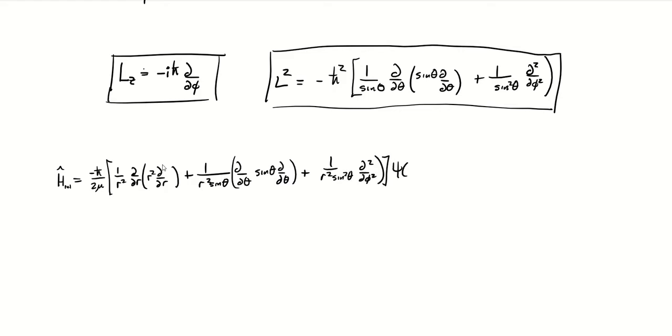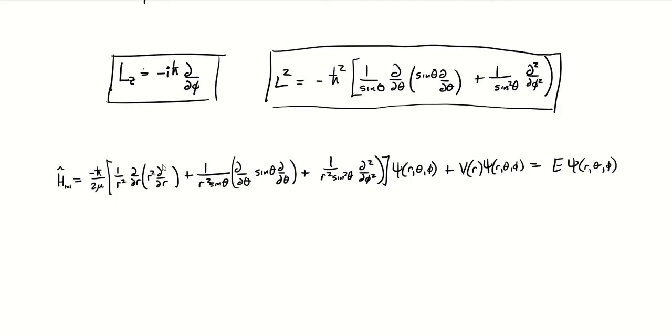And that was acting on our wave function that we're writing in spherical coordinates, plus our potential operating on the same wave function, and the energy eigenvalue equation gave us the energy of that system times our wave function, our eigenfunction in that coordinate system.